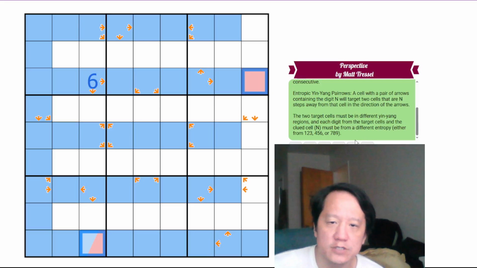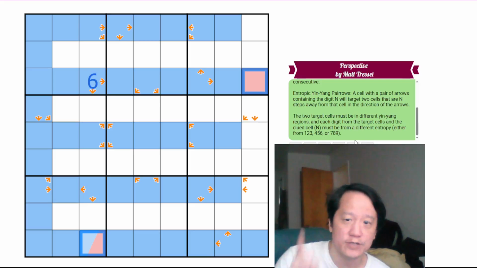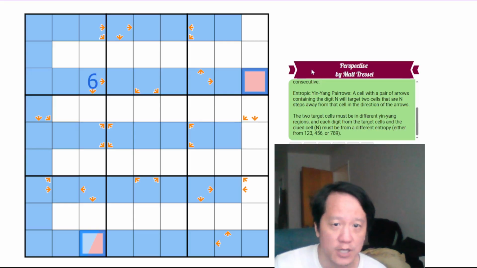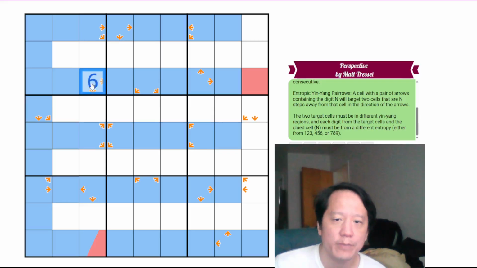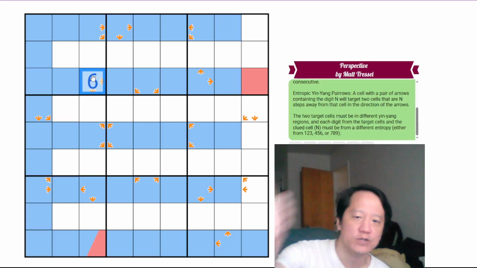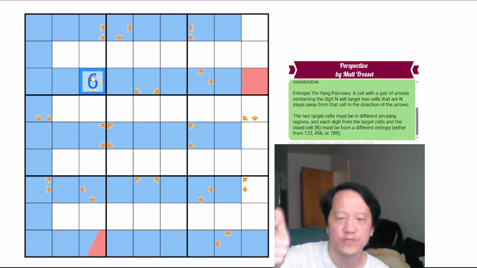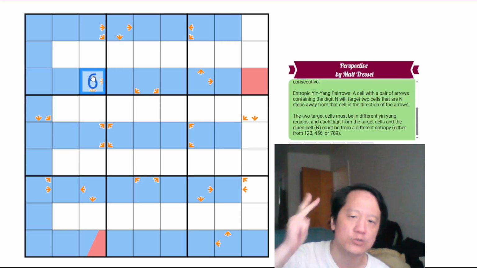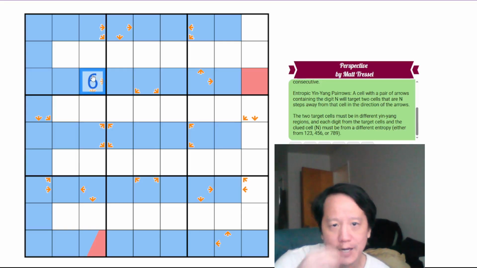The two target cells must be in different yin-yang regions, which they are, and each digit from the target cells and the clued cell, n, must be from a different entropy, either from 1, 2, 3, which is low digits, 4, 5, 6, which are medium digits, or 7, 8, 9, which are high digits.